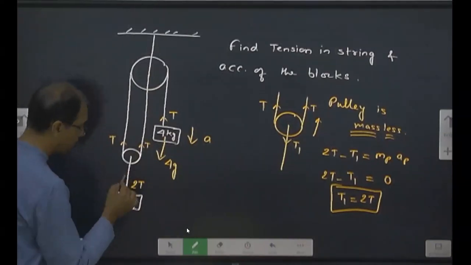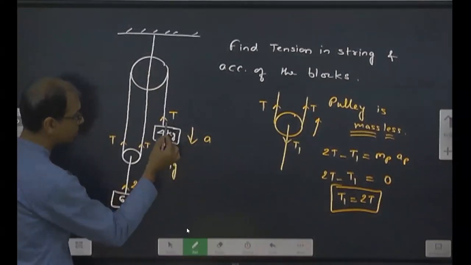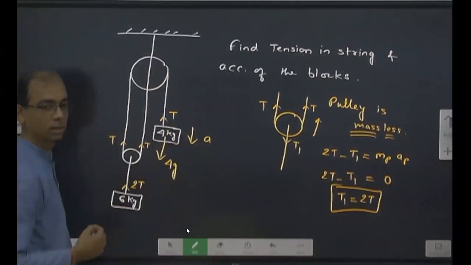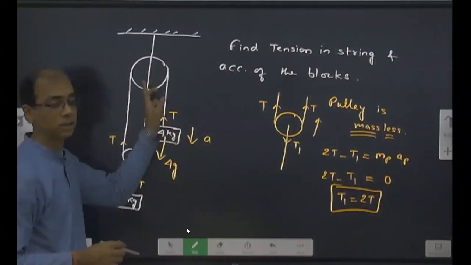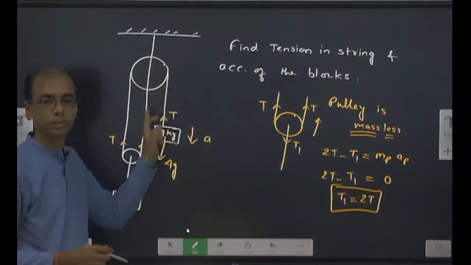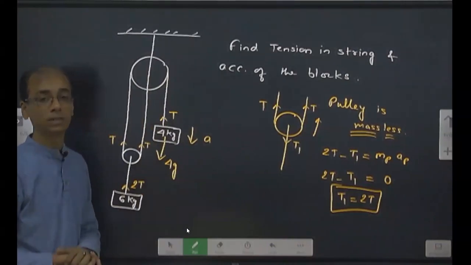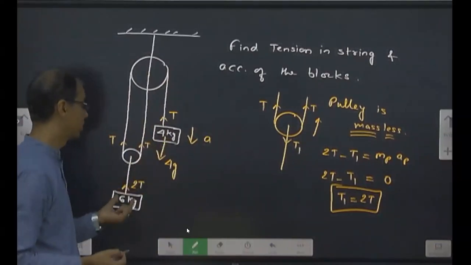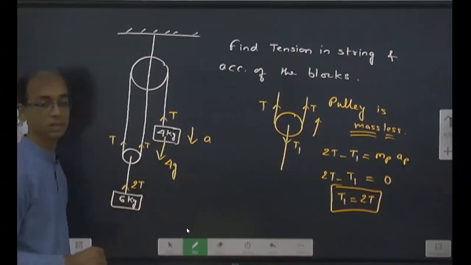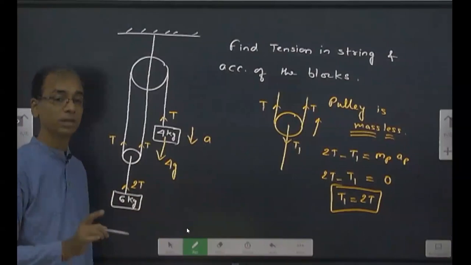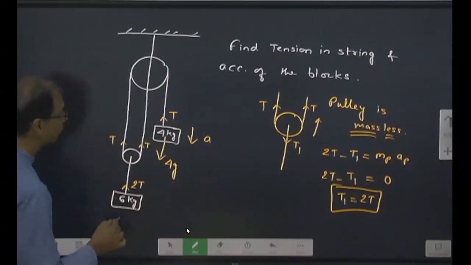And in this block, the tension happens to be double of this one. And here there are two pulleys. So in these kinds of questions, what do we need to do? We have to get the acceleration of these two. Their acceleration is not the same. I cannot say its acceleration is A. It has got some other acceleration. So we have to find that acceleration.